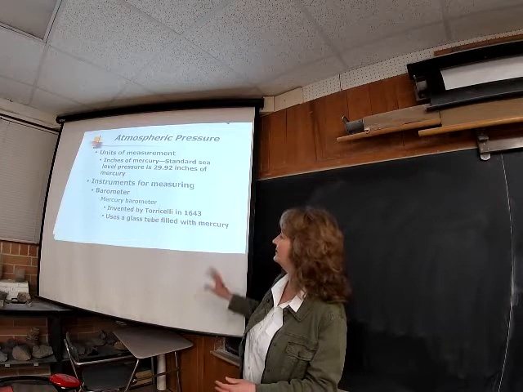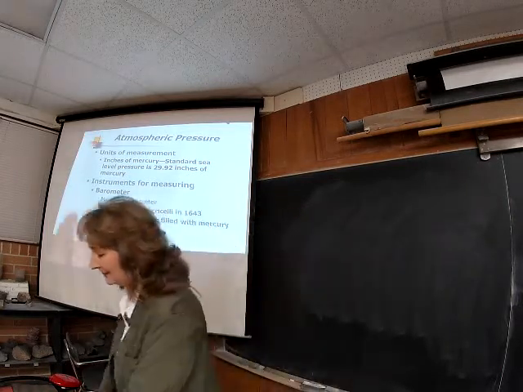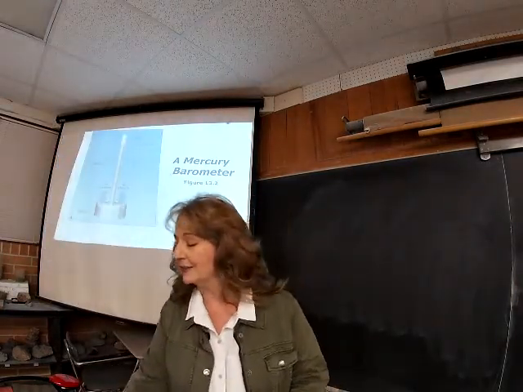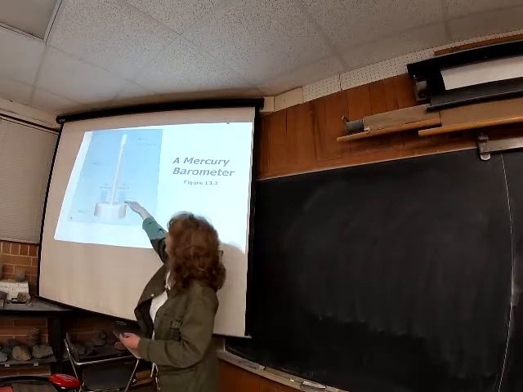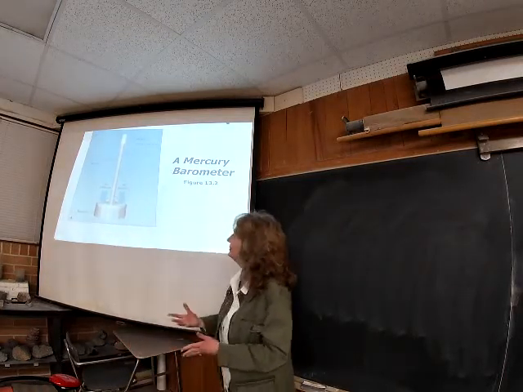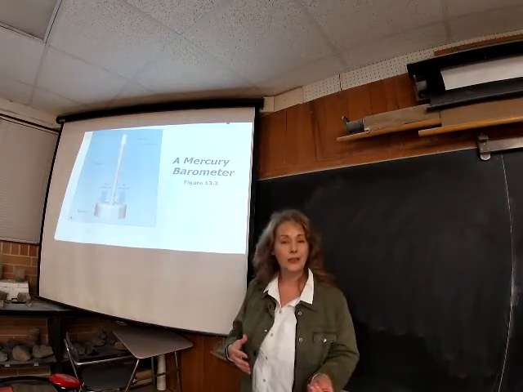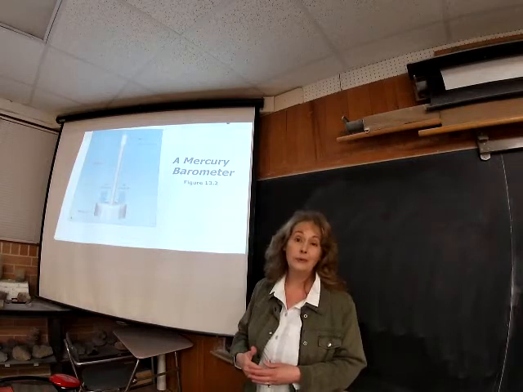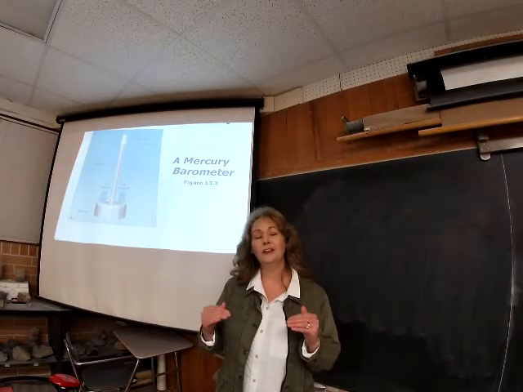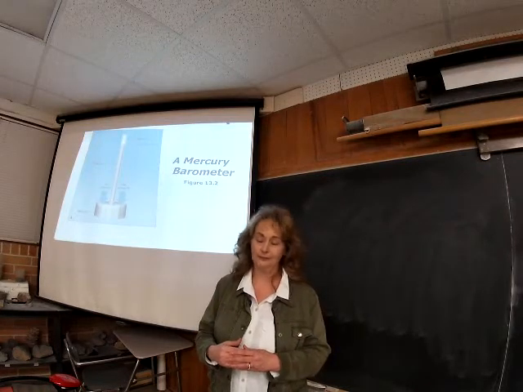So you use a glass tube filled with mercury, and it will go up or down depending on how much weight is pressing down on your mercury, and that'll cause it to rise into the tube. They're saying 76 centimeters, or 29.92 inches of mercury. That's standard sea level atmospheric pressure.